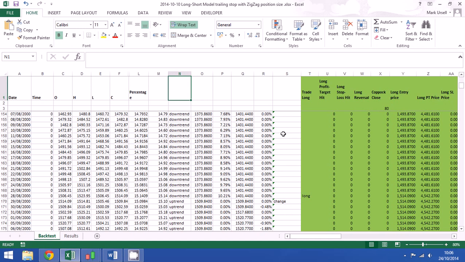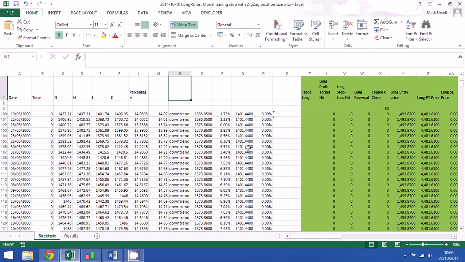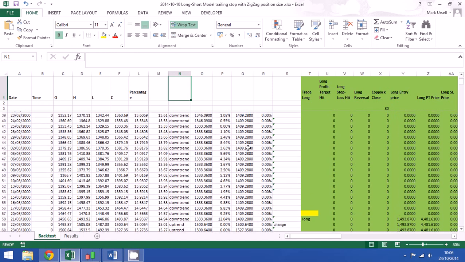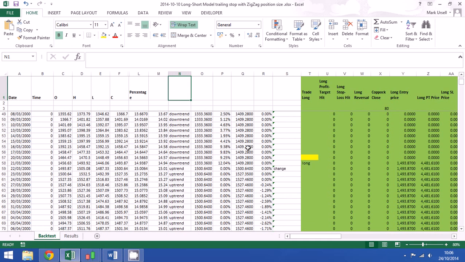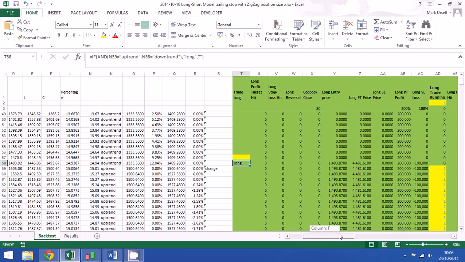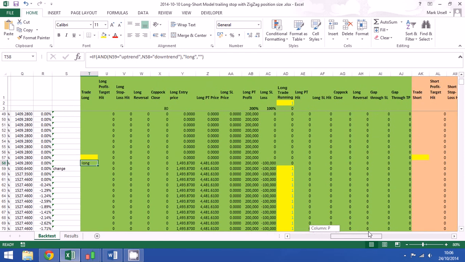So I put it into the spreadsheet here. It doesn't matter, as I said before, whether we start with an uptrend or a downtrend. It's totally random. You can use whatever method you like to start it. But here we are, we're starting with a long trade here, and so the spreadsheet registers this as a long trade.